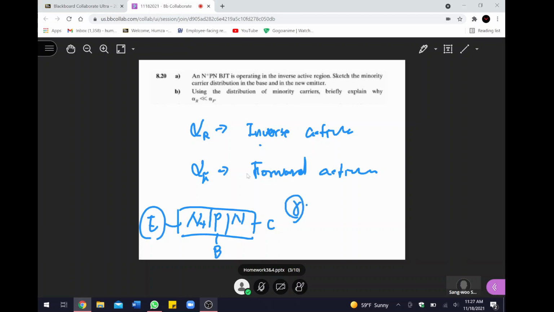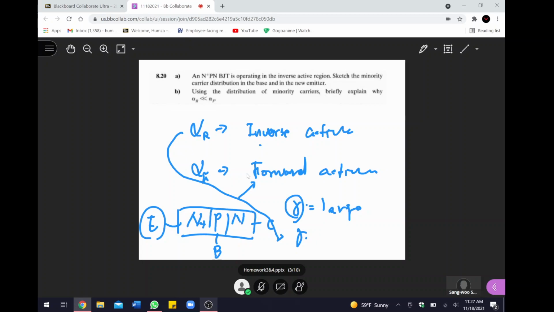Injection efficiency: when this one operates in the forward active region, the minority carrier contribution is small, so your injection efficiency is going to be large, compared to the injection efficiency when you have the inverse active region.